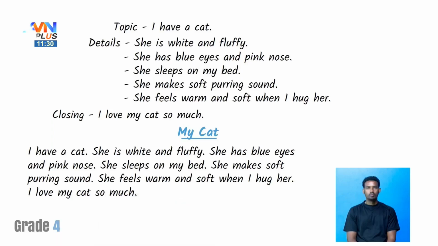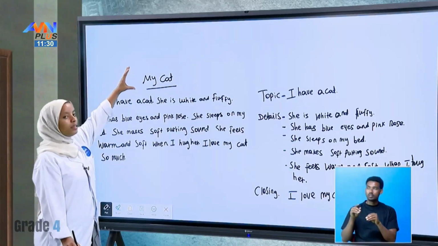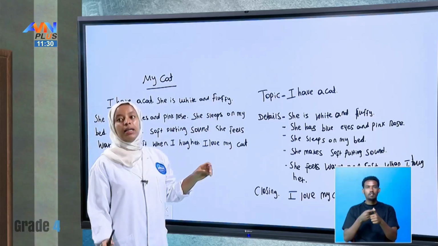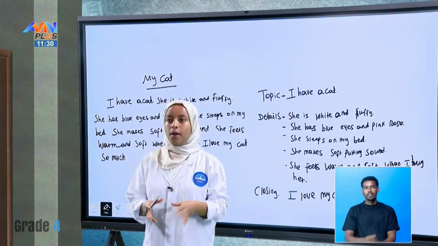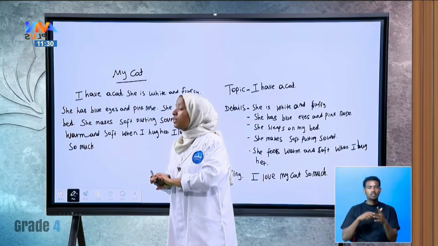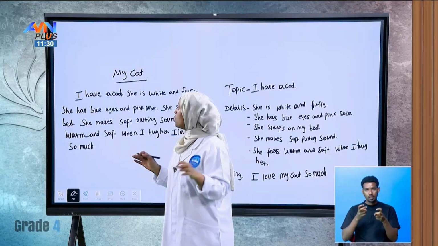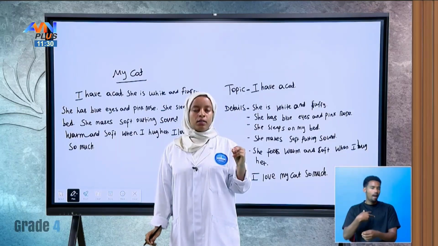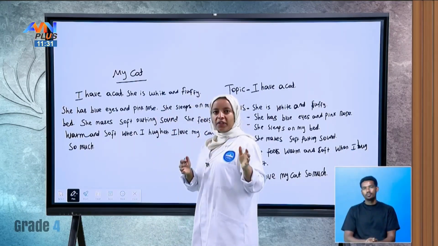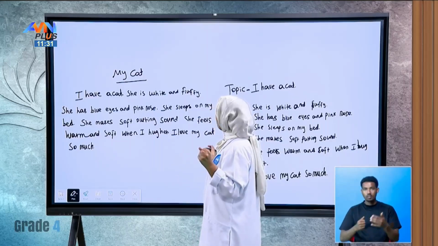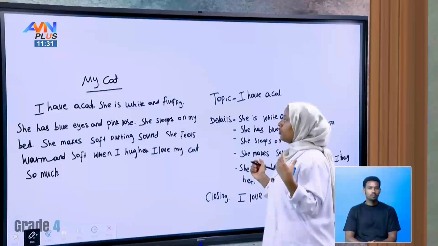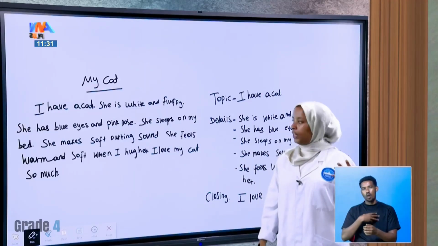So here is, students, the title. The first one is the title, my cat. The next, we are starting with the topic sentence by using I have a cat. And on the next, we just use different details about the cat. So she is white and fluffy.